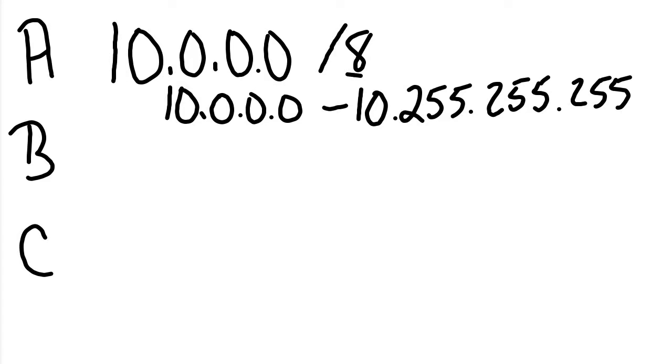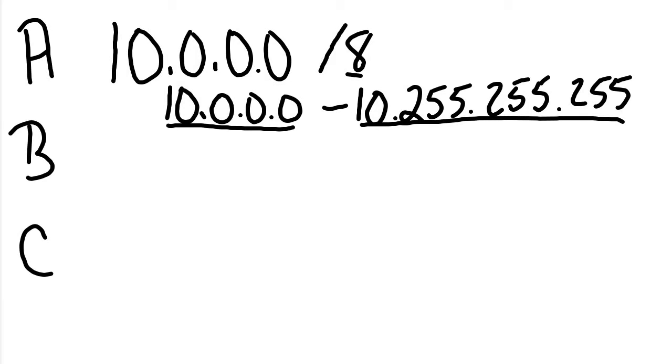Because we know how to calculate a range of addresses, we know that a network goes from its network address all the way to its broadcast address, and everything in between is in that range. So our Class A range of private addresses is 10.0.0.0 through 10.255.255.255.